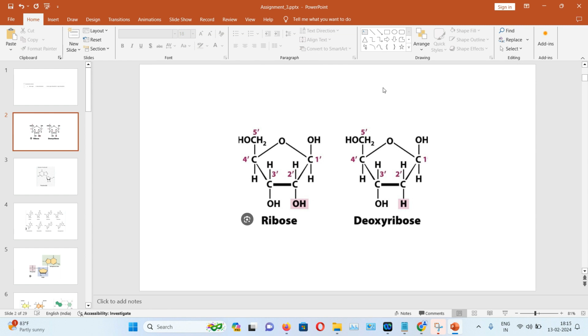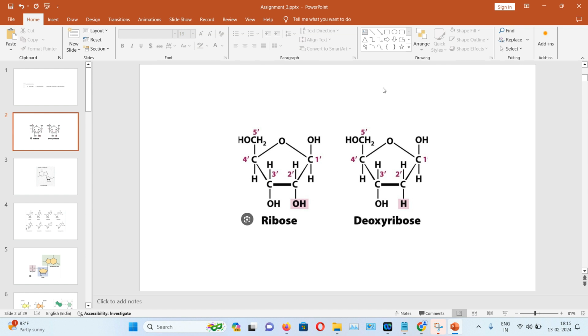But in the case of a deoxyribose sugar, the OH group is missing and it contains only H. This is the difference between ribose sugar and deoxyribose sugar. When one oxygen is removed from the ribose sugar, that is the form, as the name suggests, deoxyribose sugar: oxygen-removed ribose sugar.